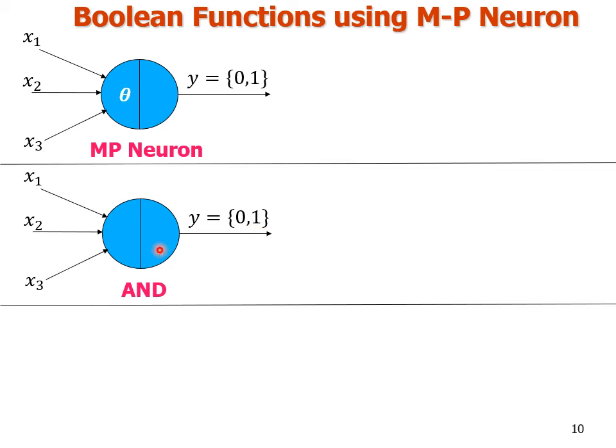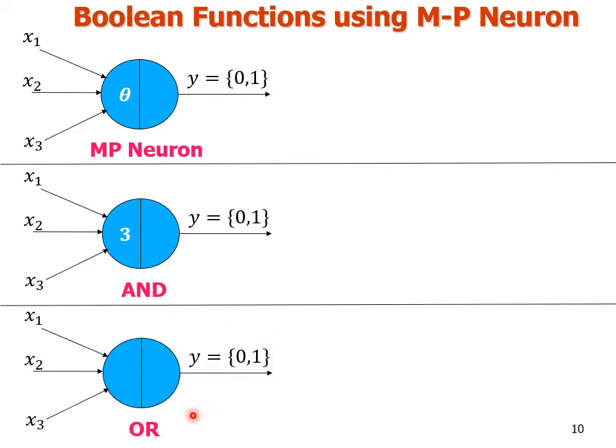So what would be the threshold now? For the AND function, the threshold would be 3. Similarly, if we try to learn the OR function, here we want any one of the inputs to be on, and hence the threshold would be 1.